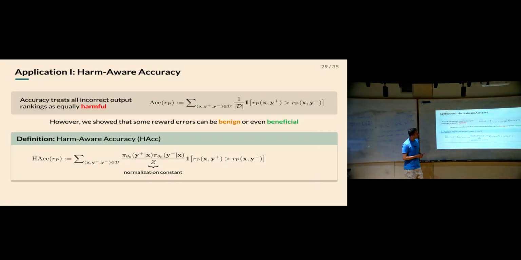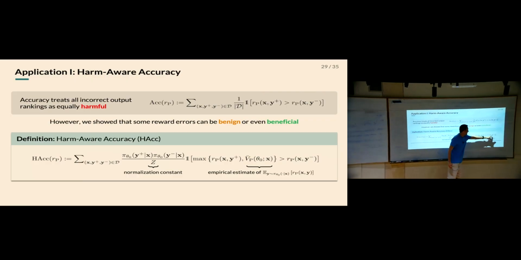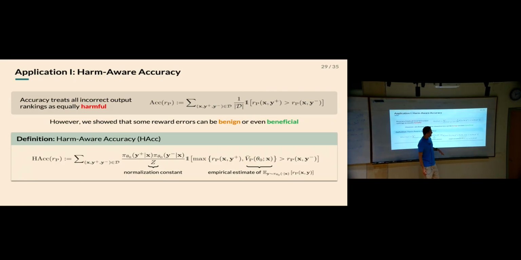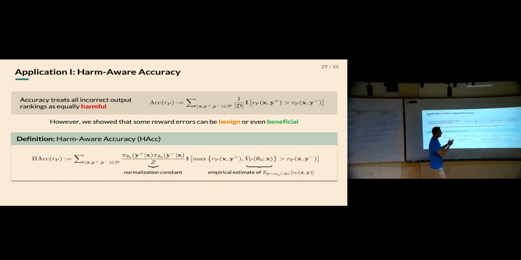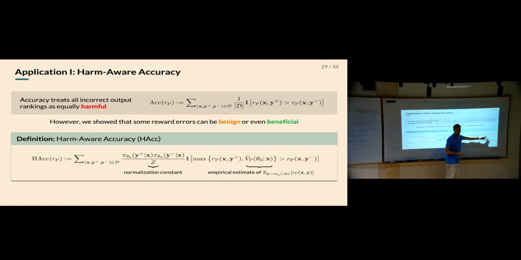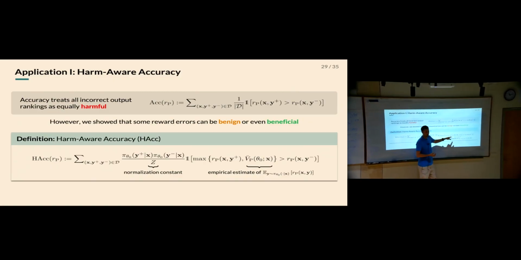The other is that if we have an incorrect ranking, let's say y minus has a higher reward than y plus, then maybe we can still forgive this error if the reward of y minus is lower than the current expected proxy reward, right? Because what this means is that despite the fact that we didn't rank these outputs correctly, policy gradient will not learn to produce y minus anyways, because it's worse than what we currently have under the proxy reward.